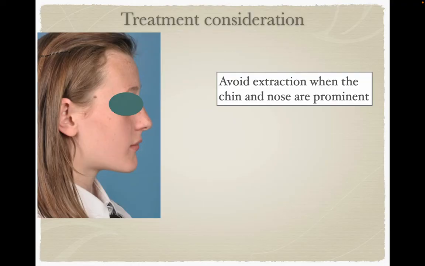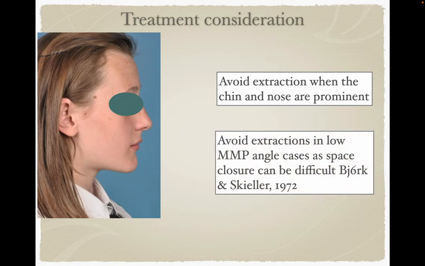So when you do treatment planning, you need to consider that you need to avoid doing extraction, especially when you have a prominent chin and prominent nose. And not to forget that if you have to extract, then do extraction in the upper. Try to avoid extraction in the lower, because in a high-angle case they have anterior growth rotation and a strong masseter muscle.